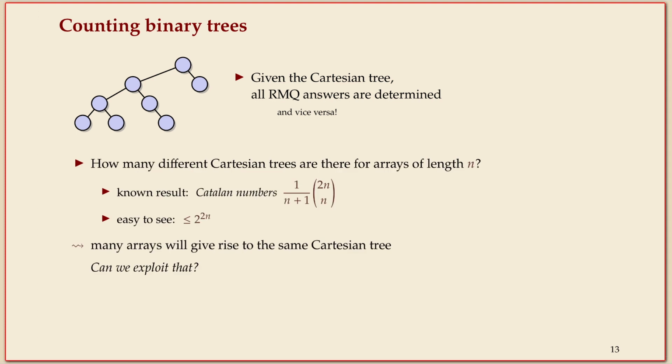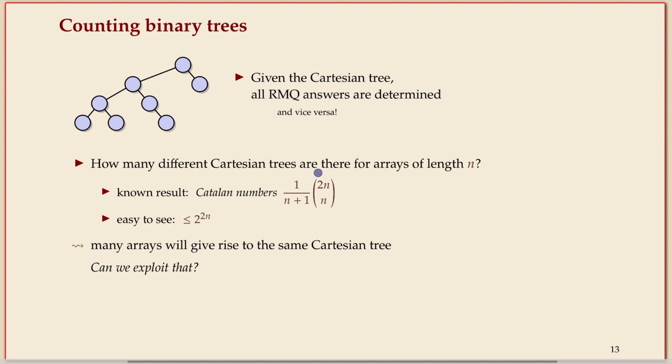So the question of how many different things can happen with range min queries if you're given an array is the same as asking how many different Cartesian trees are there. And every binary tree is possible as a Cartesian tree. That's what I said earlier. If you're given a tree, you can generate an array that produces that.